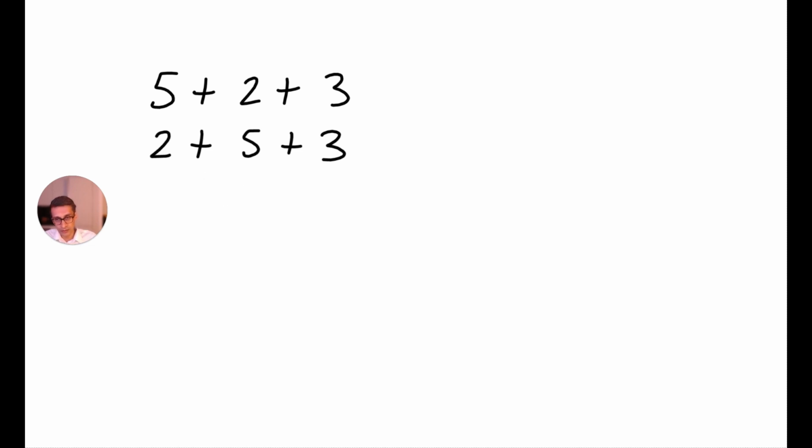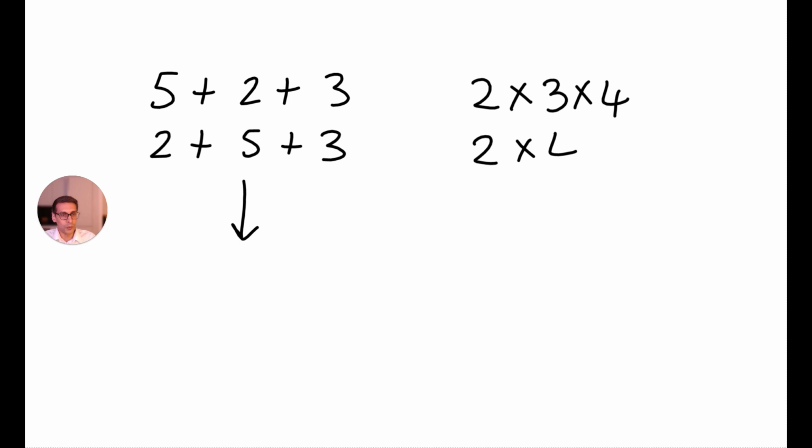So commutativity works for addition if it's all addition, and the same goes for multiplication. So 2 times 3 times 4 is the same as 2 times 4 times 3. So we've swapped the 3 and the 4 there, and we can come up with a few other arrangements here, but we're going to get the same answer. So commutativity works for addition and multiplication.